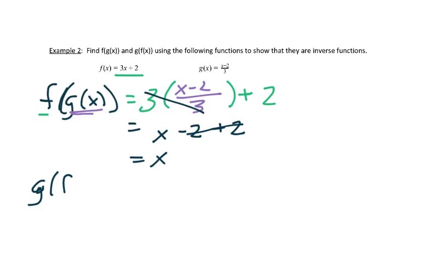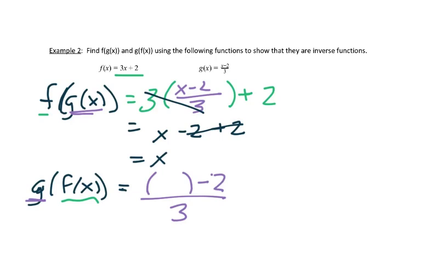Well, g of f of x means that, again, we have to start with g this time because it's on the outside. So we'll take g, we'll put parentheses where the x is, and then we'll copy the rest of it, minus 2 over 3. And then f goes inside those parentheses, 3x plus 2.